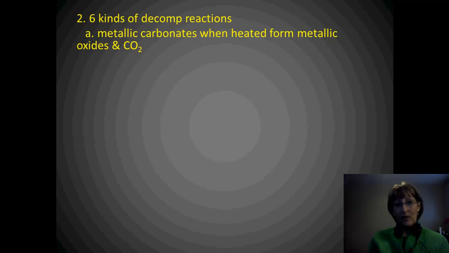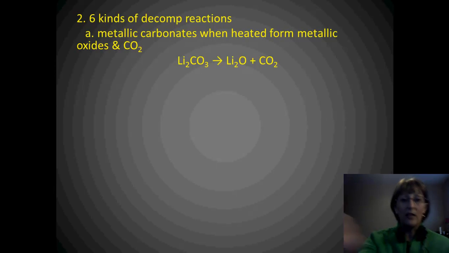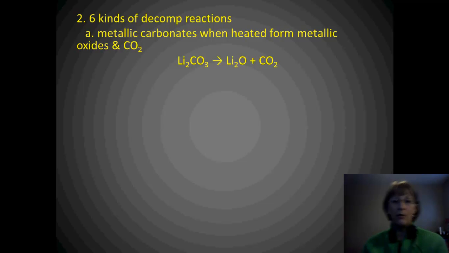So when you take this metallic carbonate and you heat it, you basically take the carbon dioxide out of it, and so you have a metal oxide and the carbon dioxide. Looks like this. Here we have lithium carbonate, and when we heat it, it looks like you just took out the CO2, and we have left over this Li2O, a metal oxide, and the carbon dioxide.